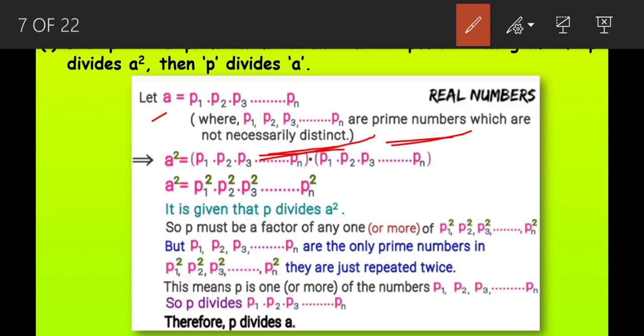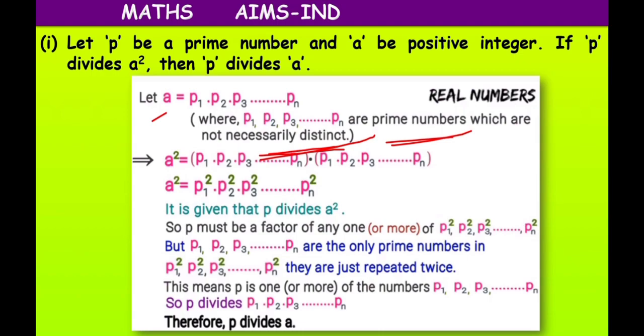We have a positive integer A. Already we have learnt, according to the fundamental theorem of arithmetic, any number can be written as a product of prime factors. So we have written A as a product of prime factors P1 to Pn, all of which are prime numbers.